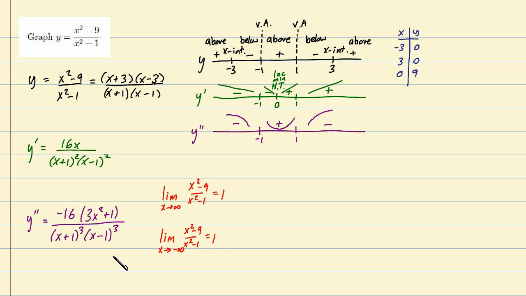We now have everything we need to get a really good graph of this function. Before we do that, though, let me make one final note. When we were picking our x values to find y values for, there is one other one that we should add to our list if it's not already there. And for us, it was already there. But that extra one is the y-intercept.